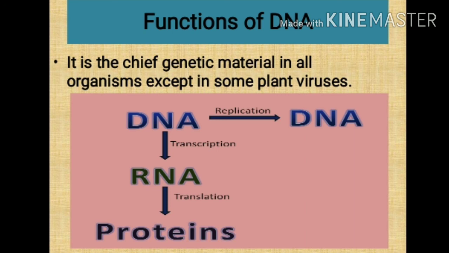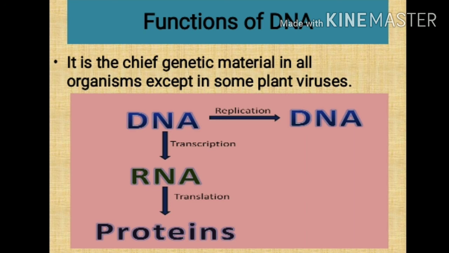DNA has mainly a few functions, like replication. Replication is an important function of DNA. Before cell division, replication of the genetic material takes place. DNA also contains information about proteins.